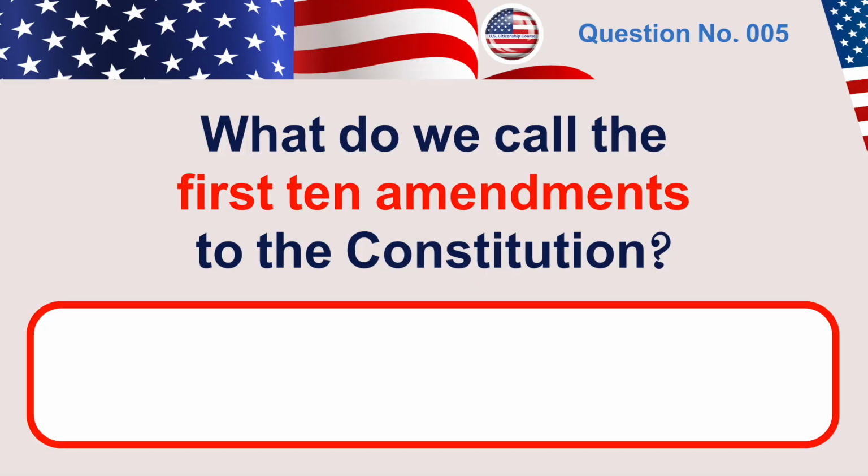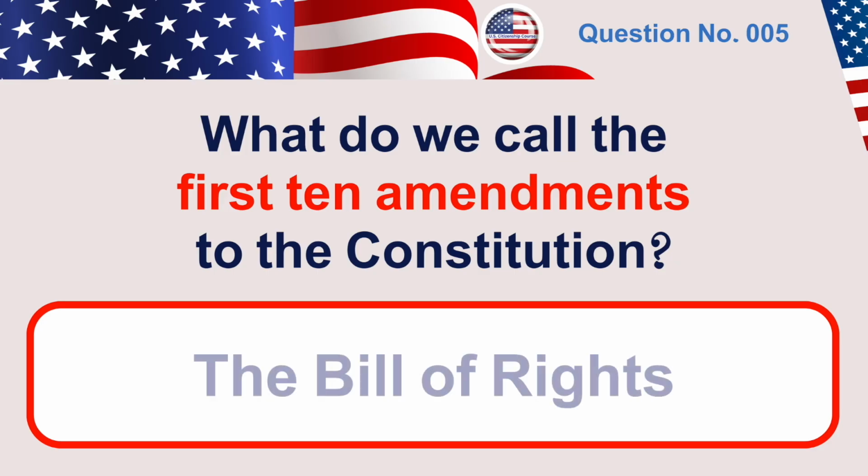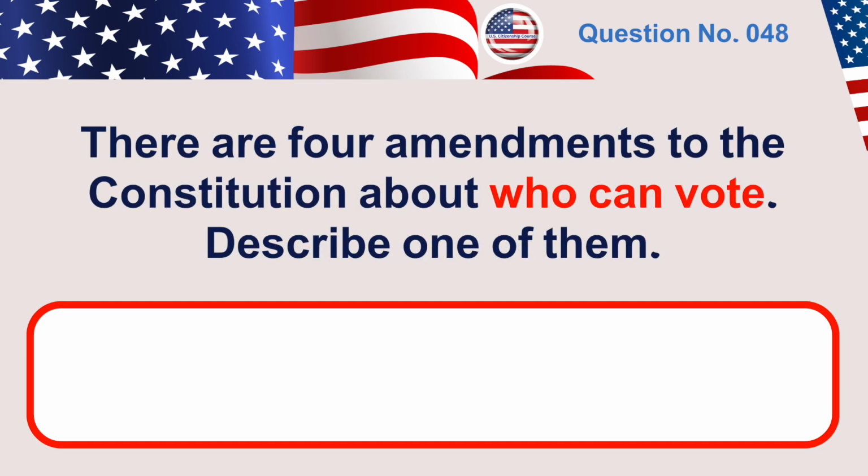What do we call the first 10 amendments to the Constitution? The Bill of Rights. There are 4 amendments to the Constitution about who can vote.